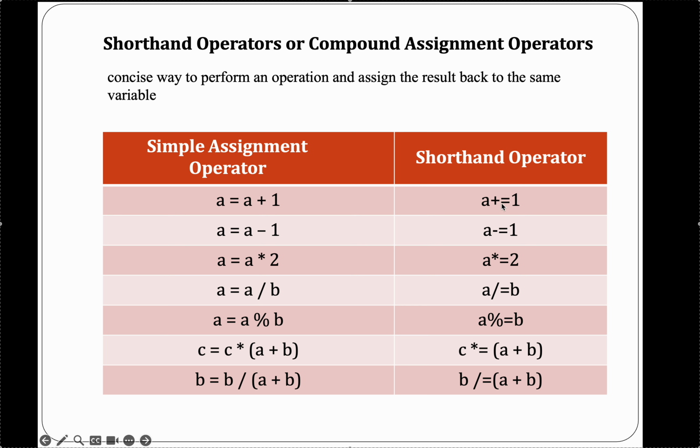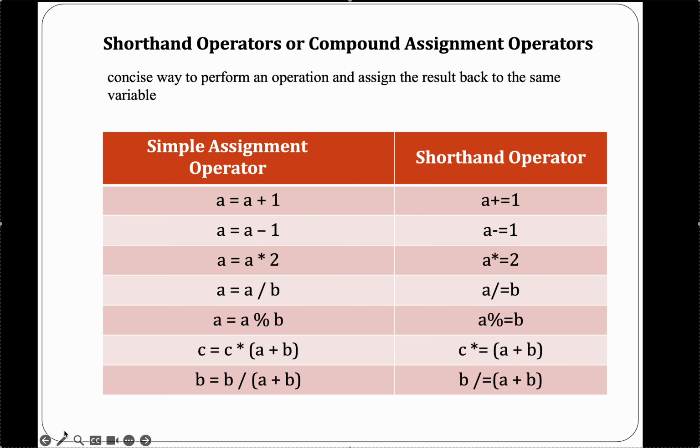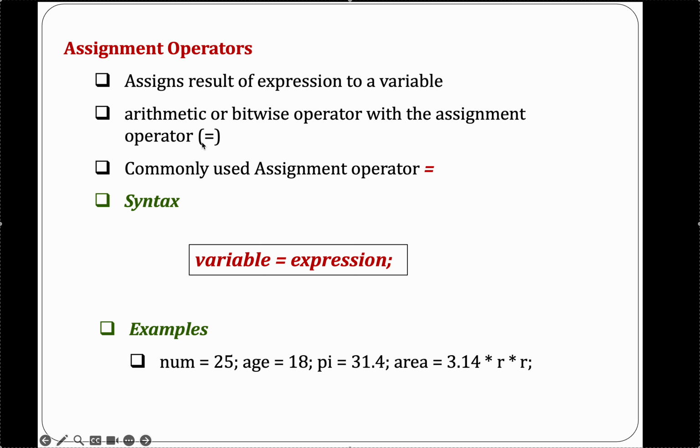So a plus equal 1, the result will again be stored in a. That is the actual meaning. And keep one point in mind, we are not only going to use an arithmetic operator with assignment, you can use a bitwise operator also. That is the actual meaning, guys.